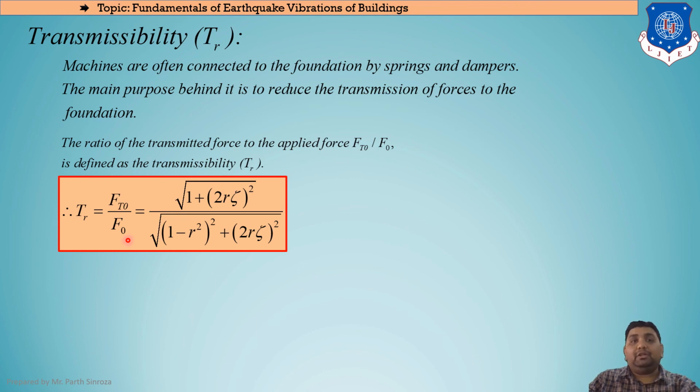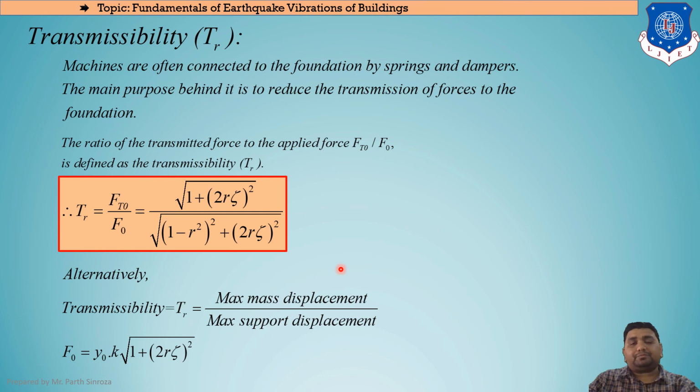Ratio wise, or equation wise, it can be written as under root of 1 plus (2r zeta) whole square, divided by under root of (1 minus r square) the whole square plus (2r zeta) whole square. So this is the equation to be used when the question asks to find the transmissibility of the structure or the system.